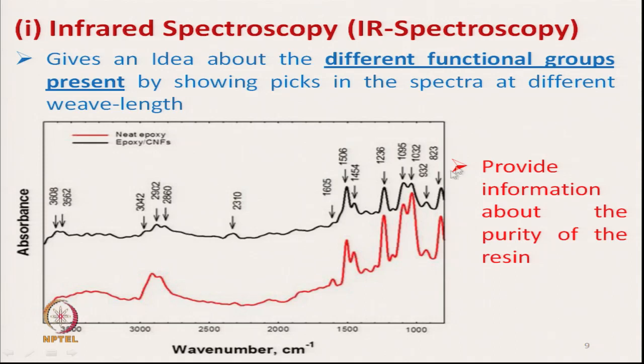Different functional groups present in the material show up as peaks. The red curve shows the neat epoxy material, and the black line shows the epoxy material with carbon nanofiber.